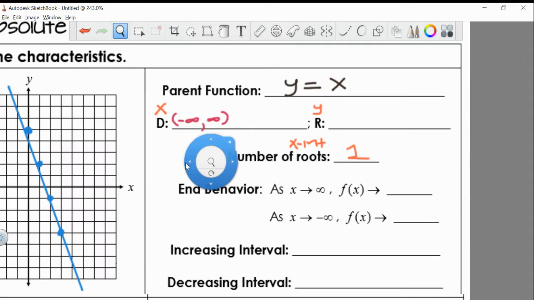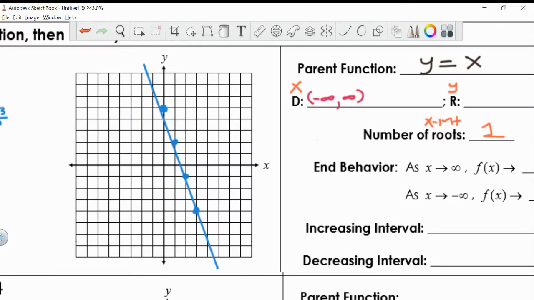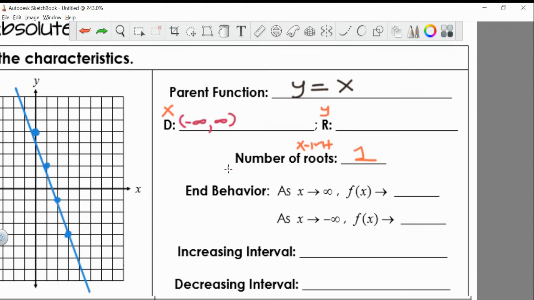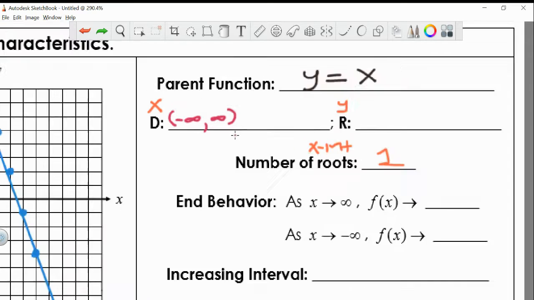Again, I'm sure it's clear to you guys that this graph is headed this direction forever, and our graph is headed this direction forever. And so our graph is literally everywhere. So that is a totally legitimate way to write our domain. Remember, we're always going to use parentheses with infinity signs because you can't quite include infinity signs.